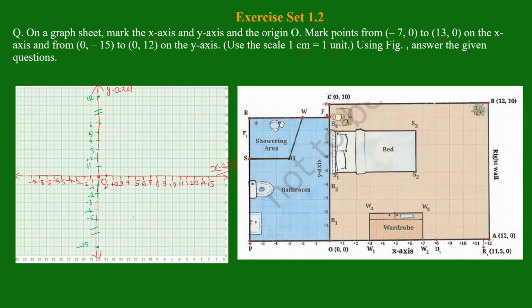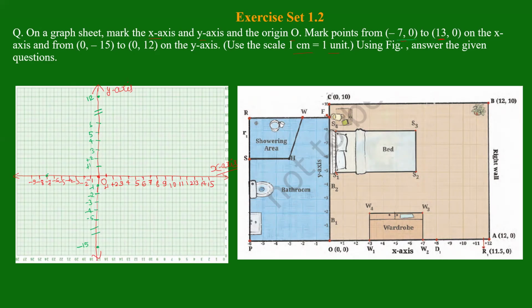Now what are they asking? Mark the points -7, 0. So this is -7, 0. Here these are the points we need to mark. This is one point whose coordinates are -7, 0. Where are these points? On the x-axis.